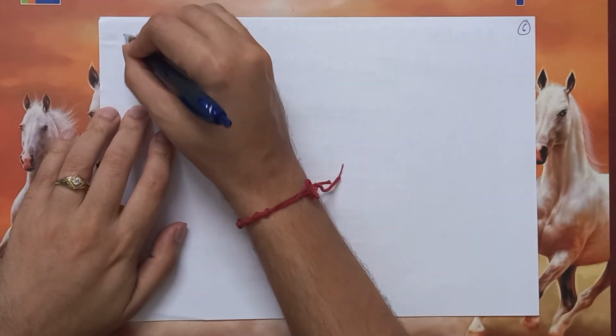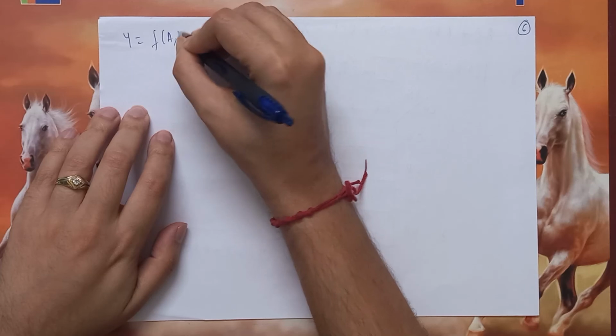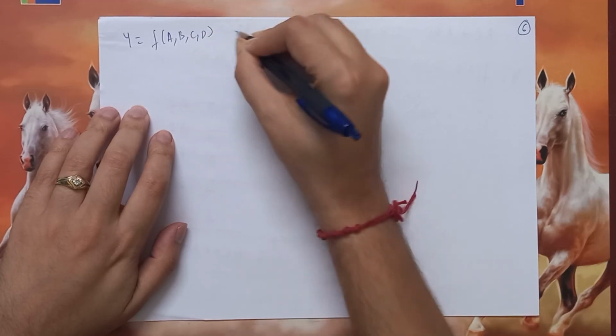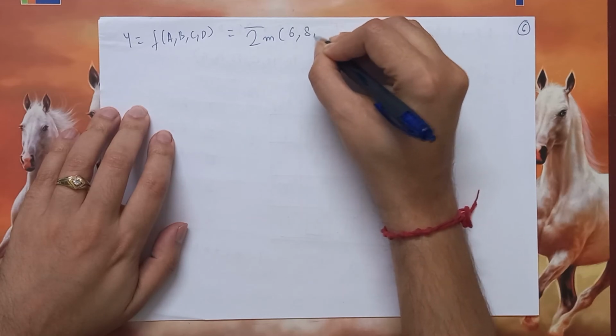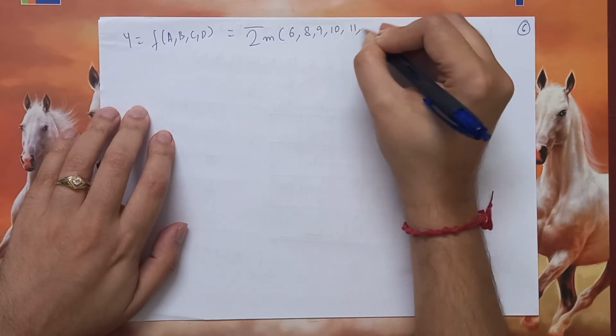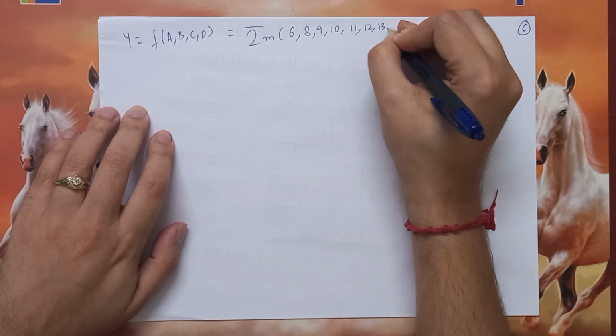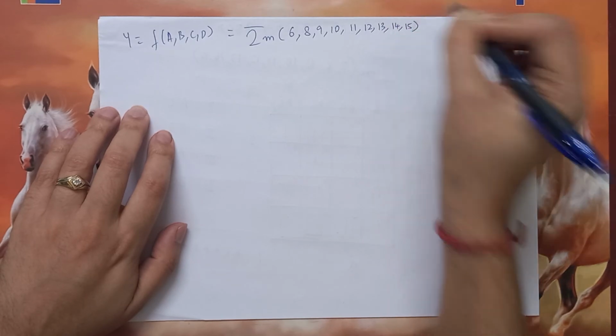So let us say I have a Y which is a function of A, B, C and D, and the minterms are 6, 8, 9, 10, 11, 12, 13, 14 and 15.